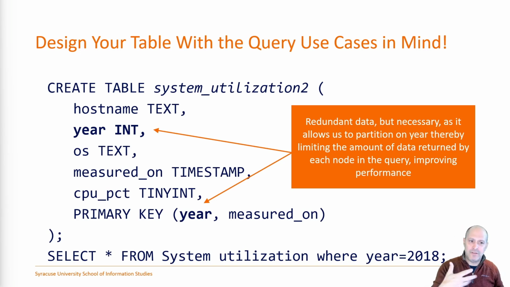If I want all the telemetry from 2022 or 2018, then I should add another column, year, and then add that to my key. This is an acceptable thing with Cassandra. You keep your query use cases in mind and you design the table accordingly. That's basically what you want to do.